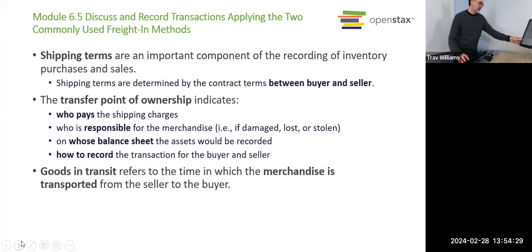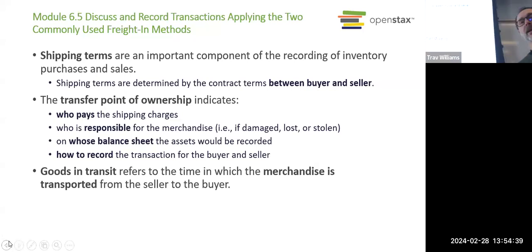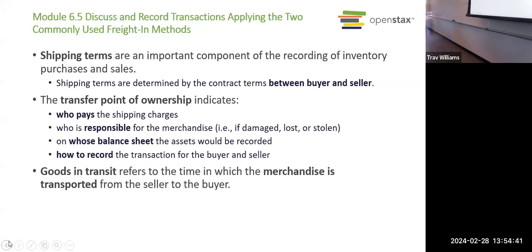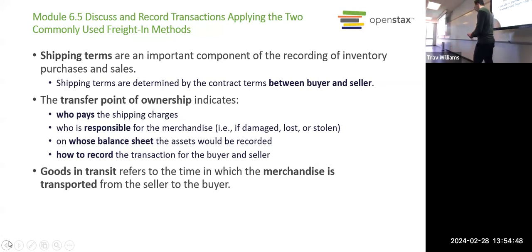I think, didn't we have an exercise that dealt with shipping terms? FOB destination and FOB shipping point. Didn't that come up? Yeah, okay, I thought so. So we talked about this a little bit, but let's talk about it some more. Imagine your company has ordered a product from another company and they're shipping it to you.